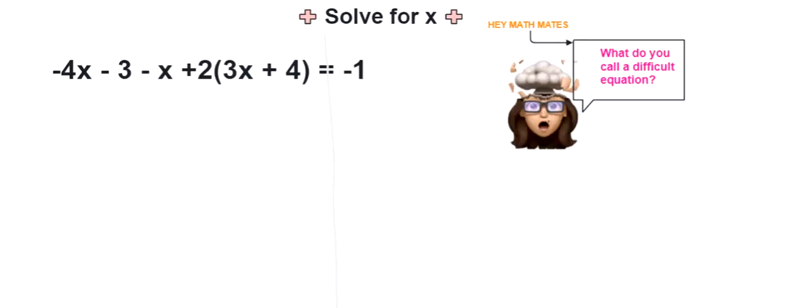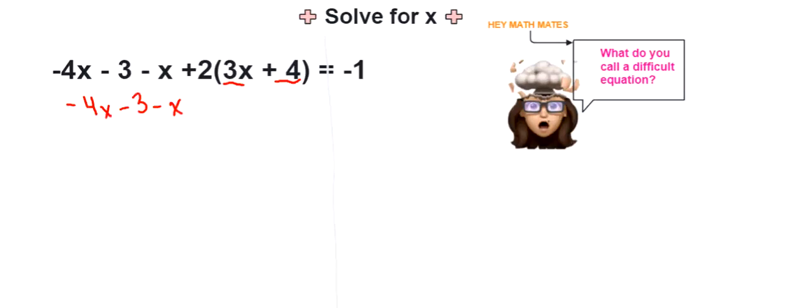Now, we've got a lot going on this left side, so we need to simplify wherever we can. I'm going to bring down the -4x. I'm going to bring down the -3 and the -1x. But here it says 2 times this quantity. When I look inside the parentheses, I've got a 3x and a +4. They are not like terms, so I cannot add them.